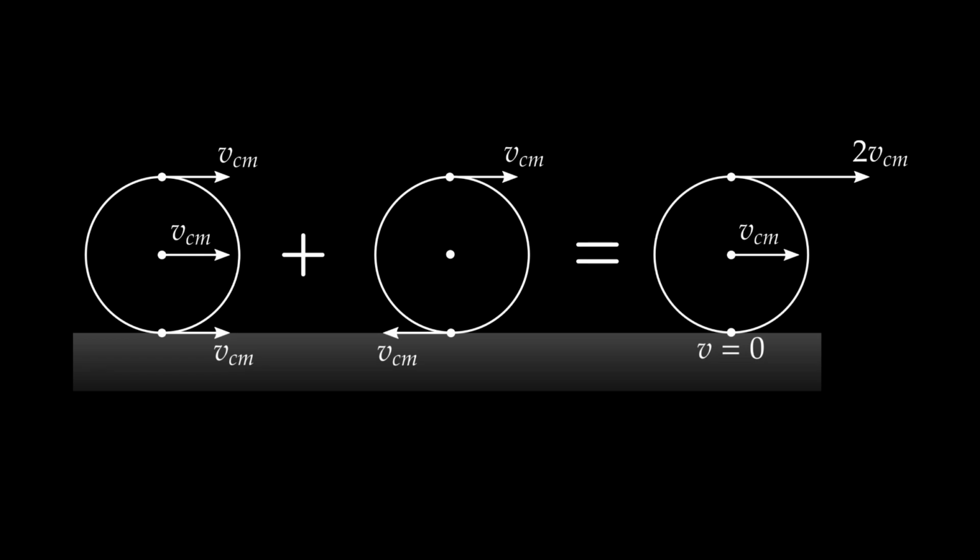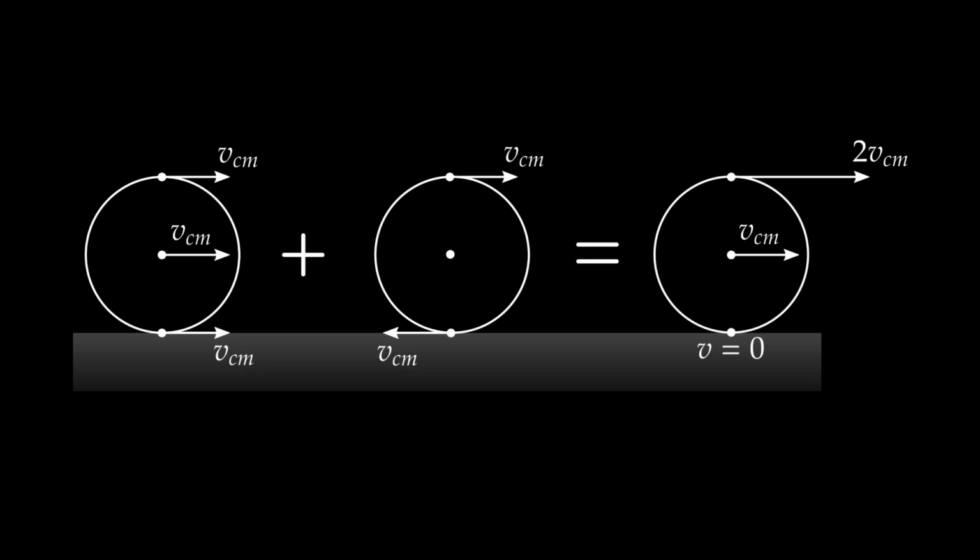That's the velocity that the top of the disk is moving with. Looking at the center of mass of the disk, which is also the axis of rotation in this case, in the translational diagram it's moving with a velocity VCM, but the center of mass in the rotation diagram is not moving. So I add those two velocities together, and what I get is VCM, the velocity of the center of mass.